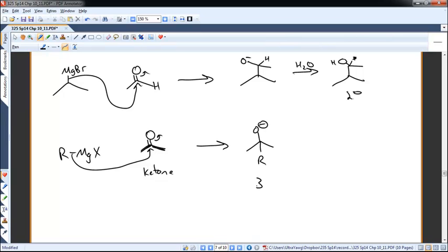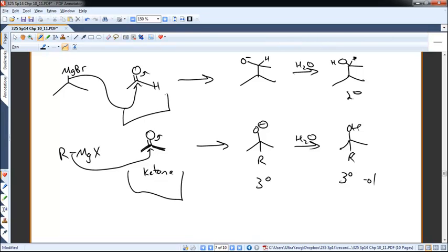This is a tertiary alkoxide, which followed by water workup becomes a tertiary alcohol. So we can pick what type of alcohol we want to make using Grignard chemistry simply based on the target that we pick: an aldehyde, a ketone, a carboxylic acid, or carbon dioxide, etc.